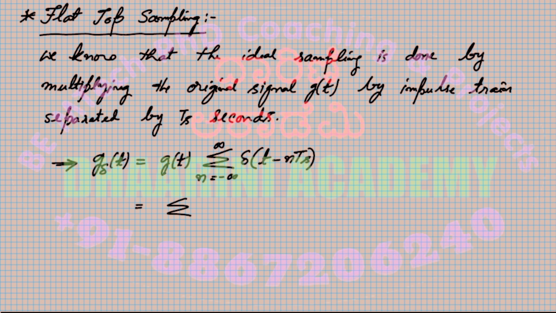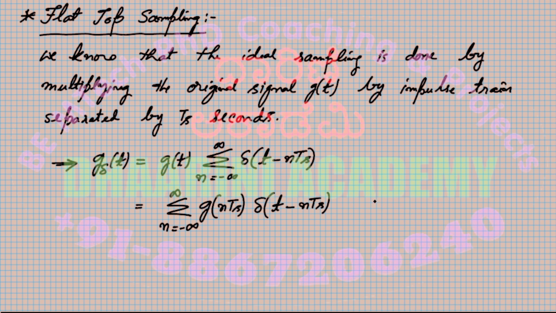I can bring g of t inside the summation and replace t by every position where the delta exists, that is n Ts. So the summation remains the same, n equal to minus infinity to plus infinity, g of n Ts into delta of t minus n Ts.